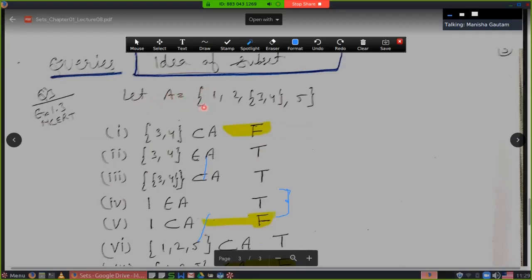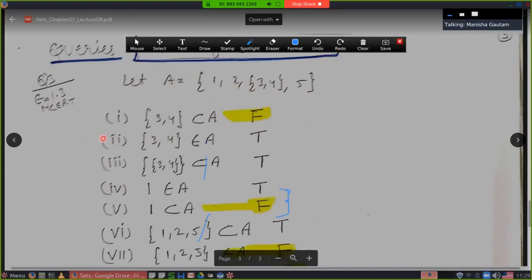Let A be the set having elements 1, 2, a set {3, 4}, and 5. Here I have an element 1, element 2, a set as an element having elements 3 and 4, and the next element is 5. Now in the first part, whether this is a subset of A or not. I have written here false. False means this is not true.